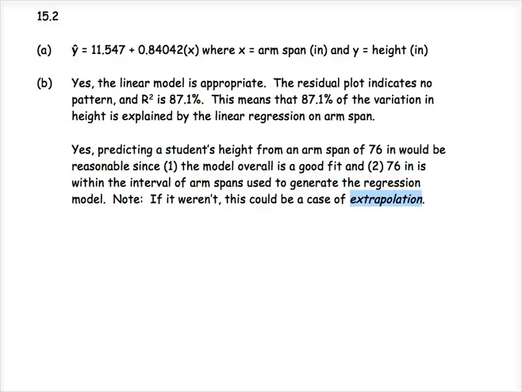If it didn't fit within that interval, say an arm span as high as maybe 85 inches, we wouldn't want to predict a height from an arm span that large because that would be extrapolation. That would be a value of the explanatory variable above the ones used to build the model. And I'm not sure that the model is appropriate for those.